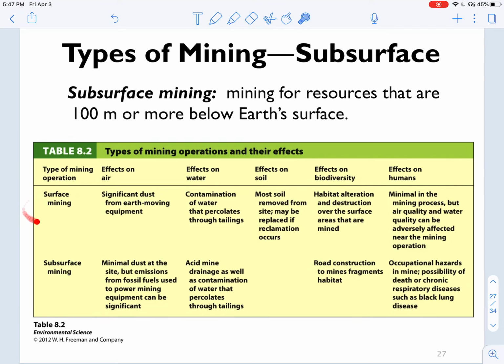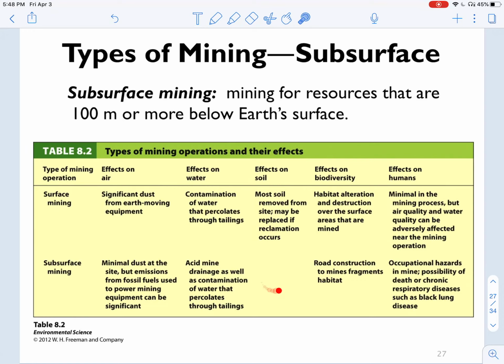And you notice surface mining, a lot of dust is a problem on the air. Subsurface, not so much, but they use a lot of fossil fuels to actually dig. Surface mining, easily contaminate water through tailings or open pits. Subsurface mining, you can also get that through using acids to mine some of these and dissolve some of these metals, so that can also percolate through the tailings.